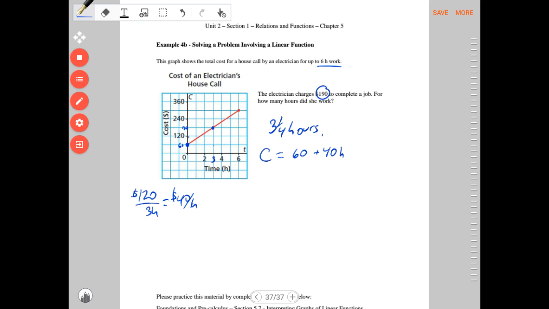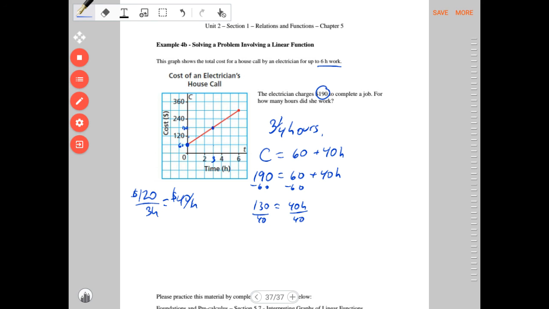So 60 plus 40H. The lady charged $190, and we want to know how much time she worked. We just do algebra here. Minus 60, so 130 equals 40H, divided by 40.